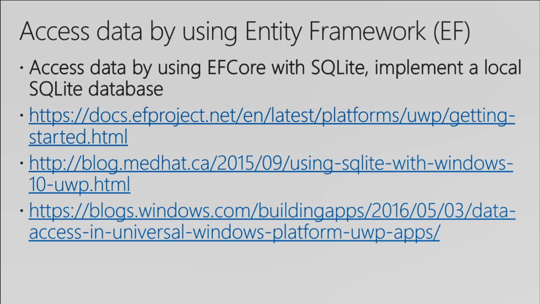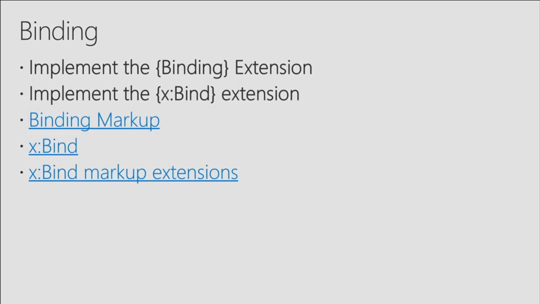Entity Framework is flexible enough that it can use regular SQL as its backend or provider, or it can use SQLite as its provider. It actually can use a lot of different databases. Since SQLite is supported within Universal Windows, you can just use Entity Framework Core and point it to SQLite. A lot of the stuff you do with regular Entity Framework is going to just work here out of the box. So that's the data access mechanism that you're going to see in the certification exam.